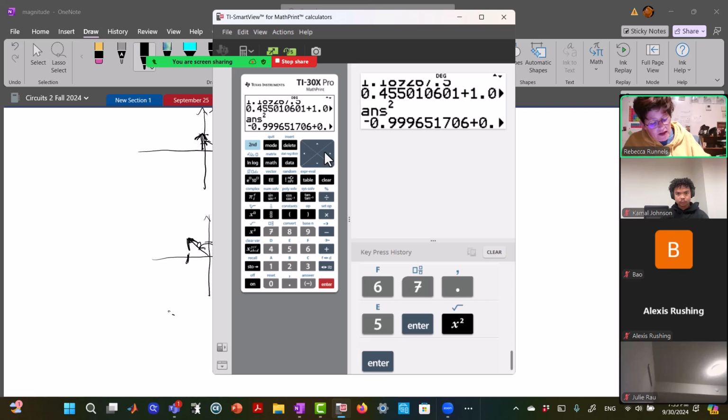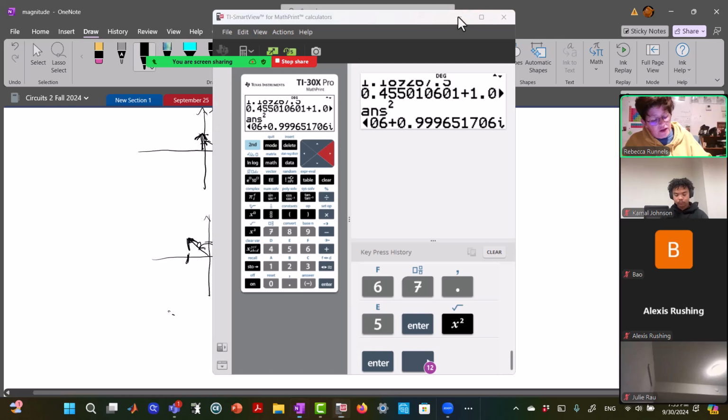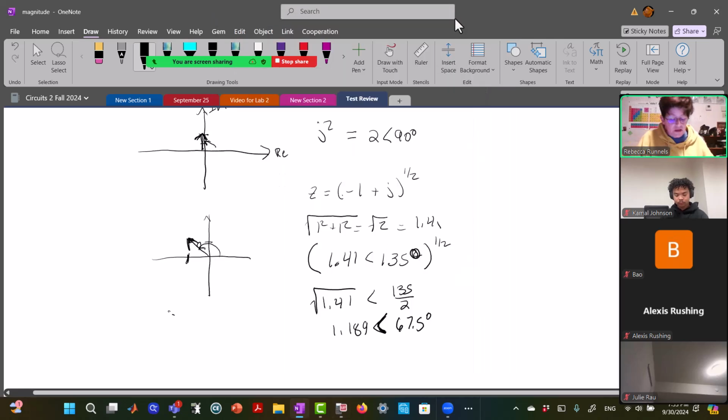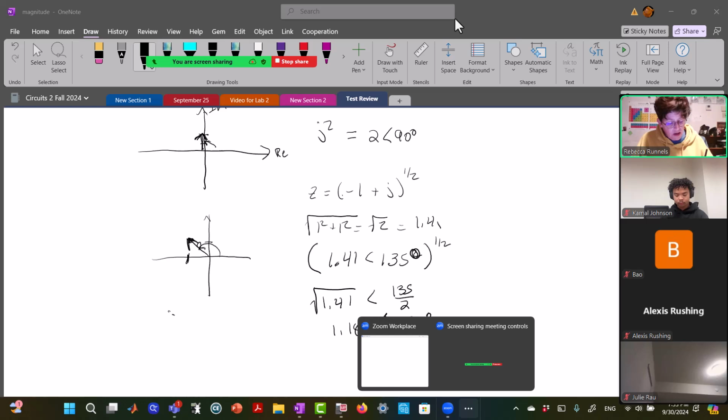Negative 0.999, that's pretty much -1 plus 0.999 j. So yes, that did in fact work. Okay, so any questions on that before I go on to the next thing?